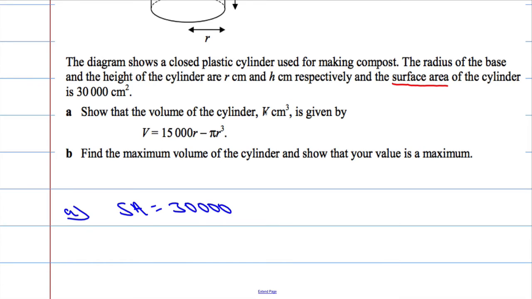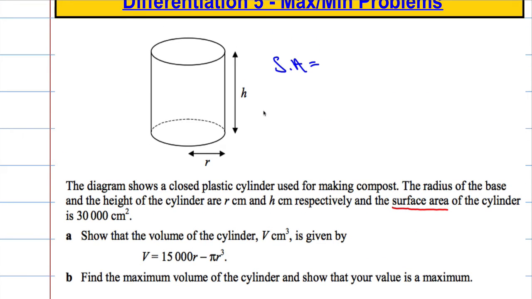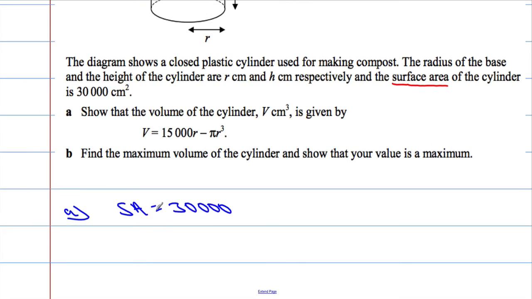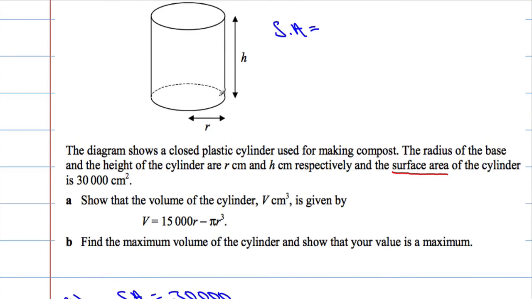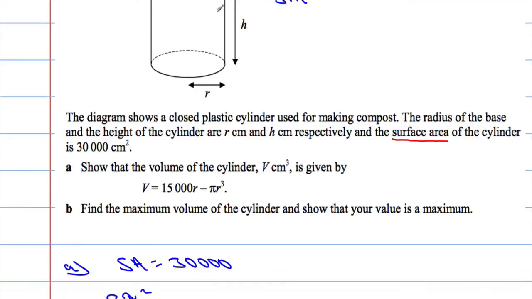Now I'm going to want to write down the surface area in terms of R and H. So we're going to have pi R squared and pi R squared, so we've got 2 pi R squared, because we've got 2 circles. And then the curved surface area is the circumference of this circle times the height.